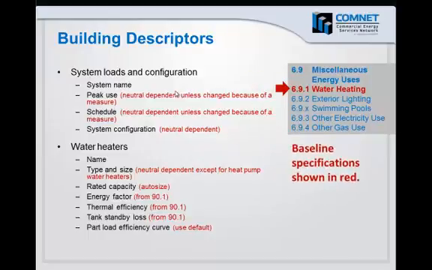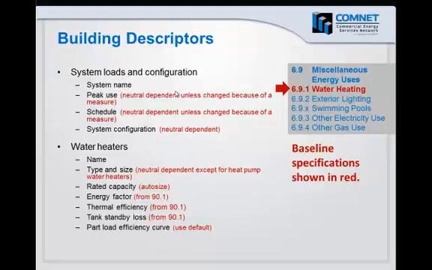Following the convention I set last week, I'm going to show you the building descriptors for water heating, and then the text in red next to each building descriptor will indicate the specification for the baseline building. So the first group of building descriptors are system name, peak water use, schedule of use, and system configuration.